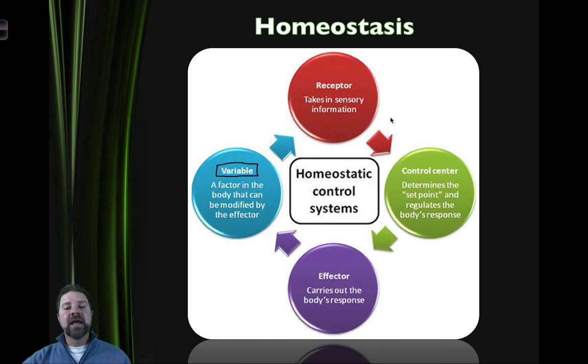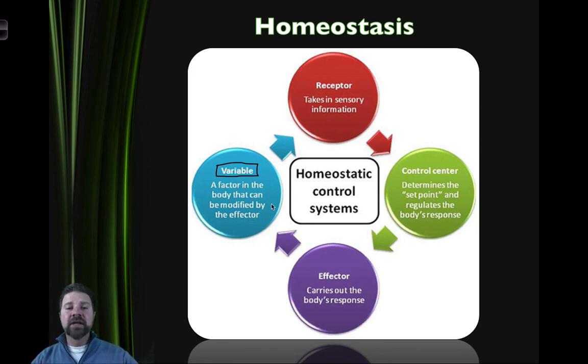The next thing that's going to happen is the receptor will send a message to what's called a control center, which determines the set point and regulates the body's response. And then the last thing that happens is it will send a message to an effector that carries out the body's response and brings this particular out of whack system back to normal. And there, a different variable may affect it, and you might have to do the whole thing around again.